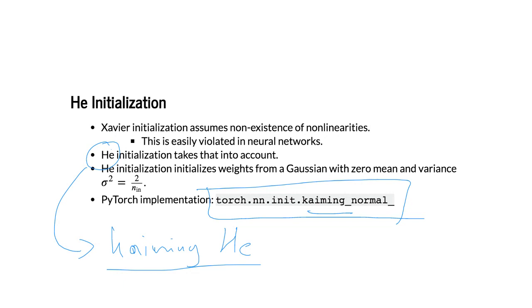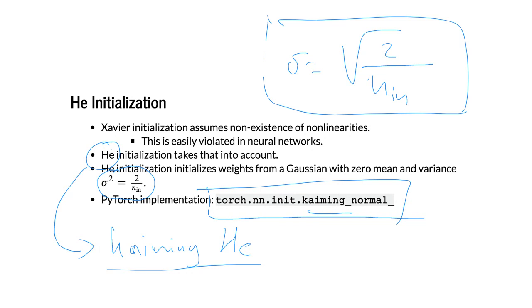Basically, he showed that you can initialize the weights of your network using this formula. So now the standard deviation is the square root of the number of input dimensions, not the number of output dimensions, okay? So this suffices. That's the only difference. Previously, we had plus the number of output dimensions. Now we just have the input dimensions.